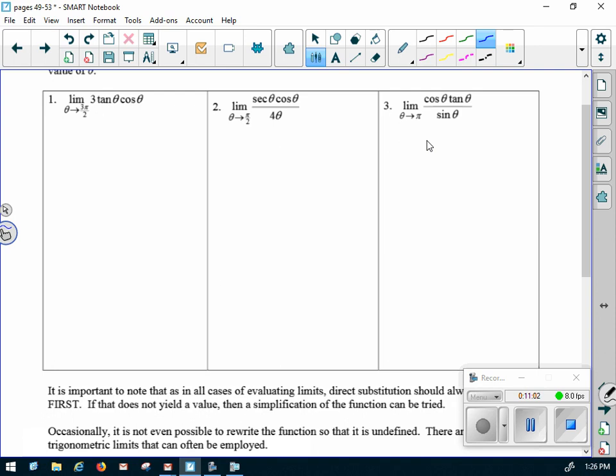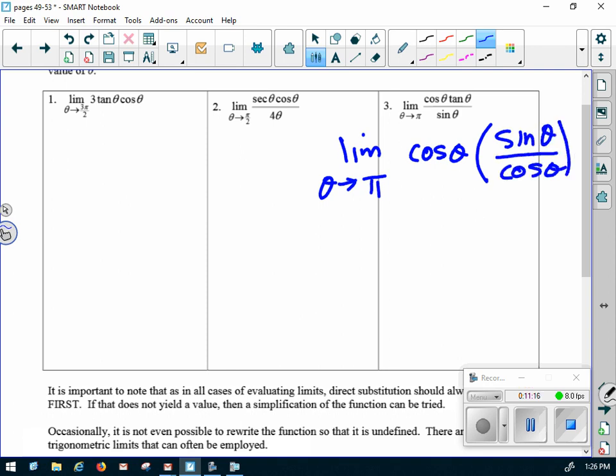So this is the limit as theta approaches pi of cosine theta times sine theta over cosine theta, all divided by sine theta. So this is the limit as theta approaches pi of 1. That's right, that's a constant.